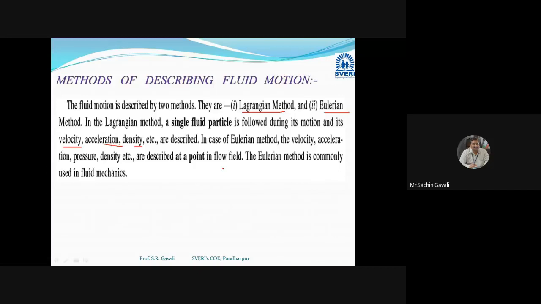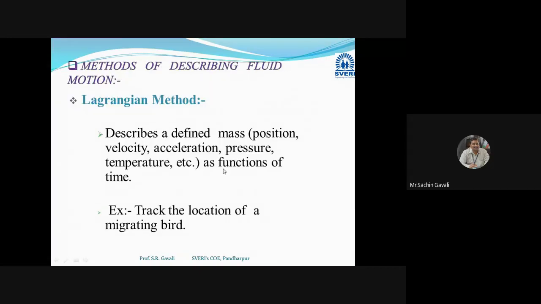In the Lagrangian method, we have to trace the fluid particle motion and describe the fluid flow parameters.